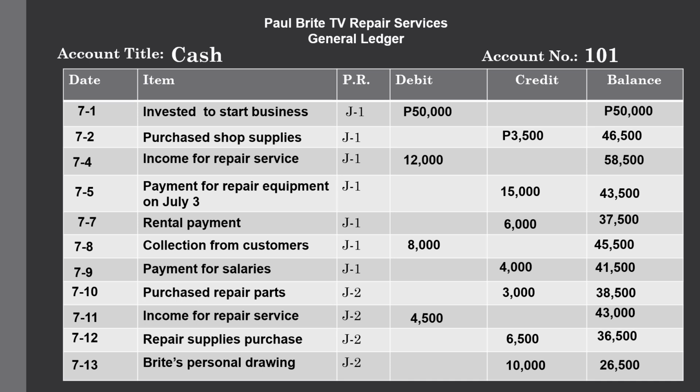Then we can see the date, the item or the description of the transaction, and the post reference, which shows the information is taken from page 1 of the journal. Then the amounts on the debit and credit sides, and then the running balance of the cash transactions.